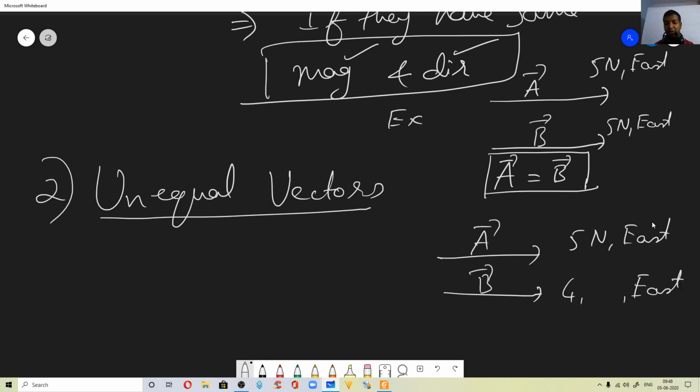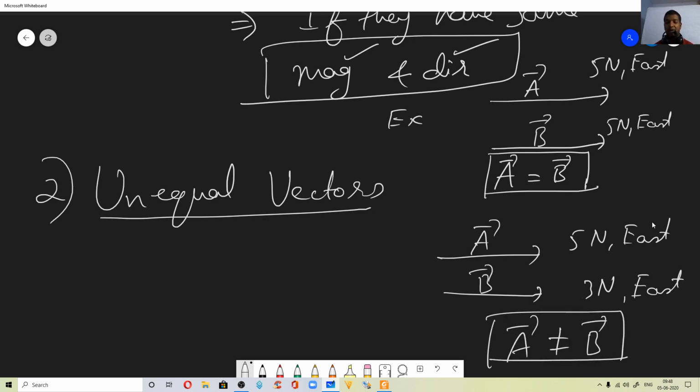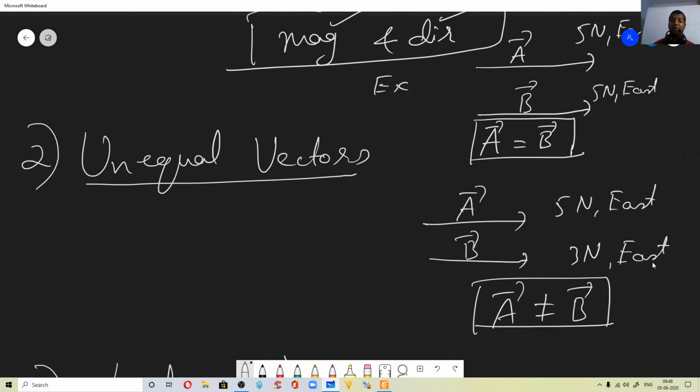It can be 4, 3, anything, but not 5. Even though the direction is the same, east, the magnitudes are not the same, so you cannot say vector A and vector B are equal. This is a good example of unequal vectors.